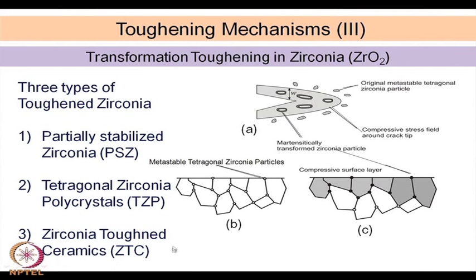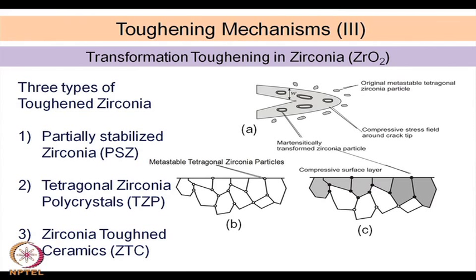There are three different forms of zirconia in which this kind of mechanism is operative. One, I have discussed already, is the partially stabilized zirconia, PSZ. Then there is another specially prepared material, which is called tetragonal zirconia polycrystals, which is a pure tetragonal phase.